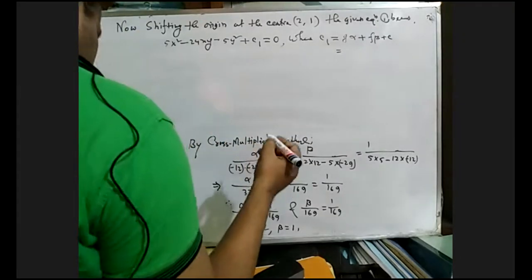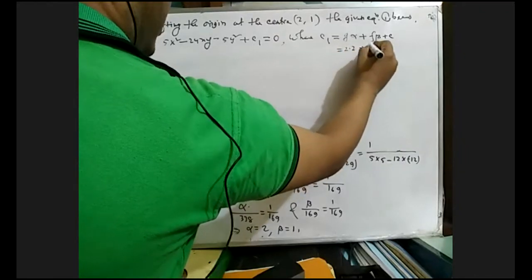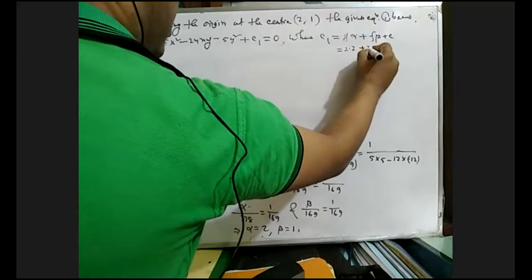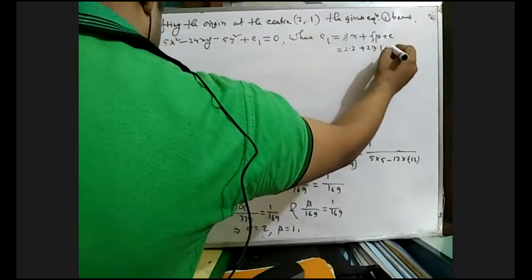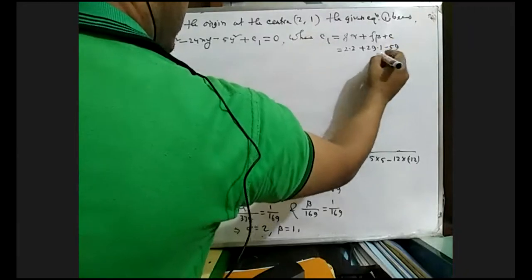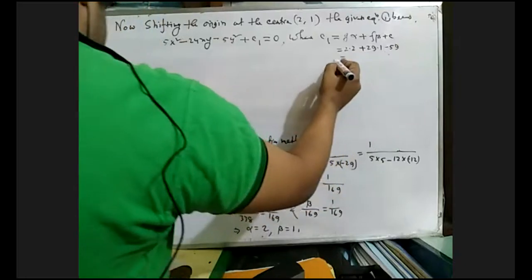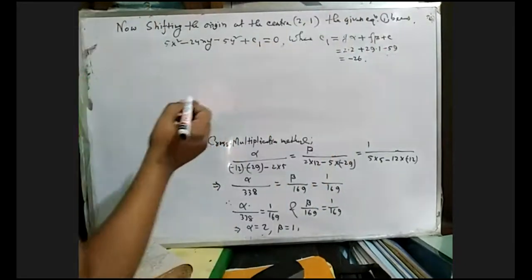What will be the value of c? g value 2 and alpha also 2, f equals to what was? 29 and beta equals to 1, plus c equals to what? Minus 59. Minus 59, and this equals to what actually? Minus 26.